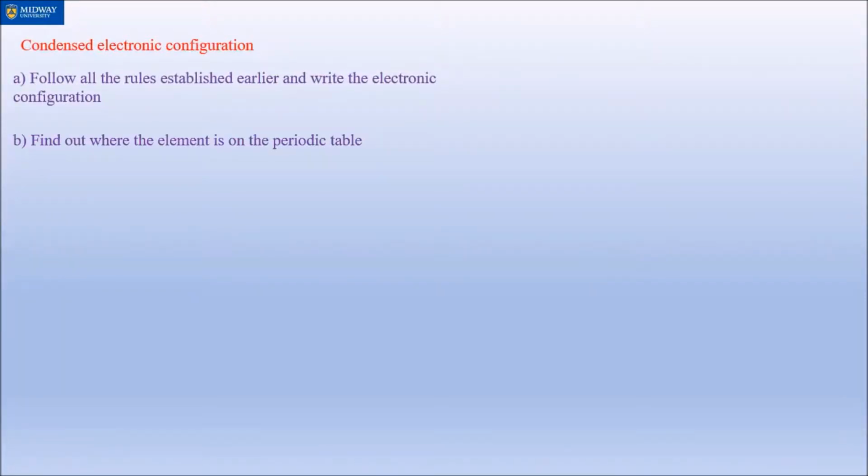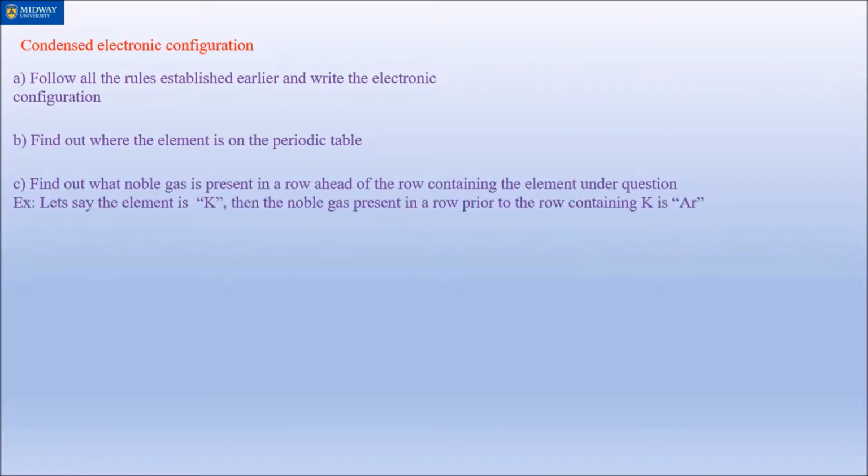Second, find out where the element is on the periodic table. That's not very hard. Find out what noble gas is present in a row ahead of the row containing the element in question. Let's say the element we are focusing on is potassium. Then the noble gas present in a row prior to the row containing potassium is argon.